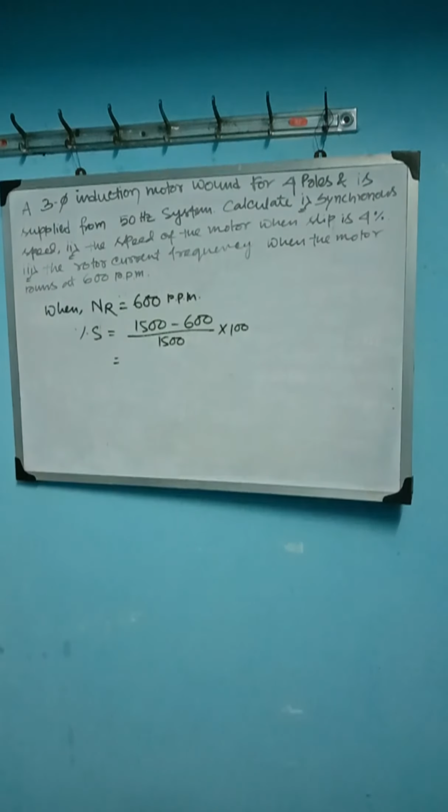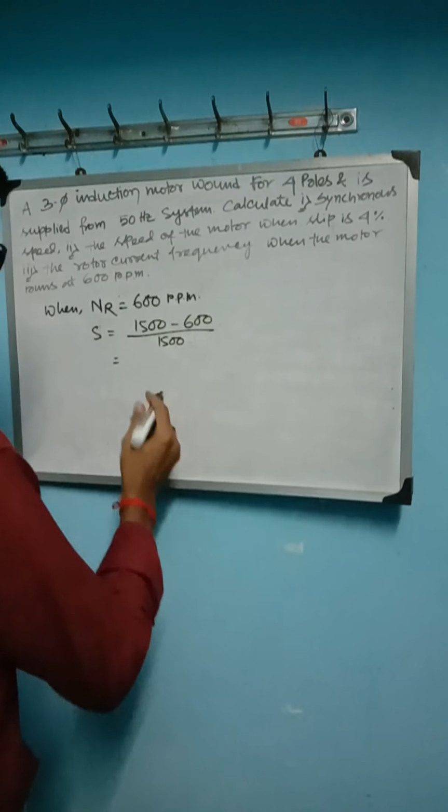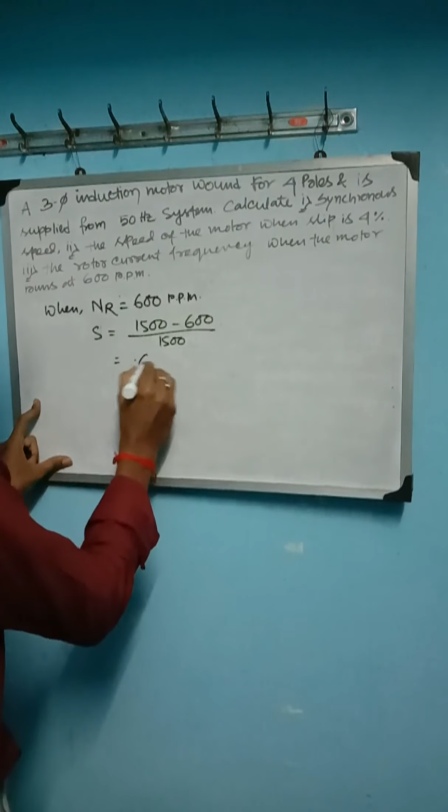Now the value of the slip, you can write it, that is 0.6.